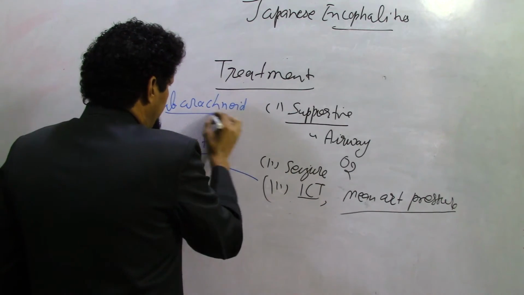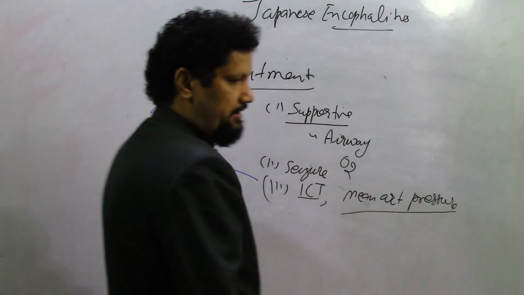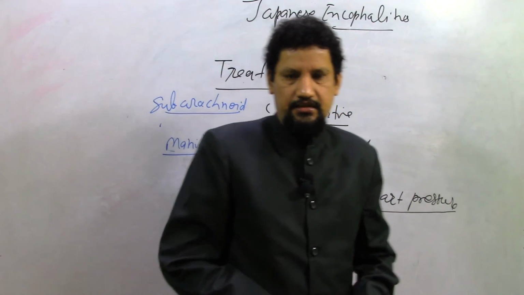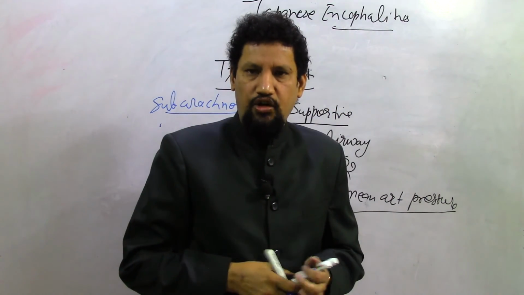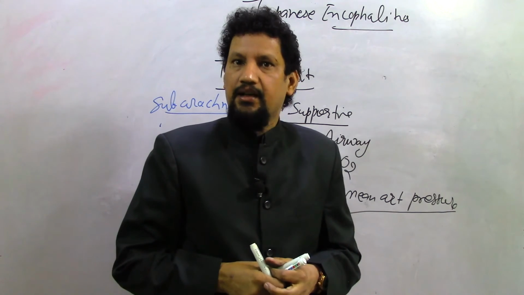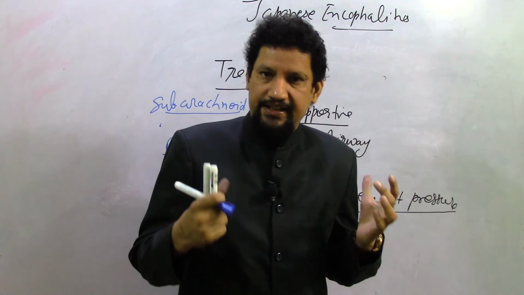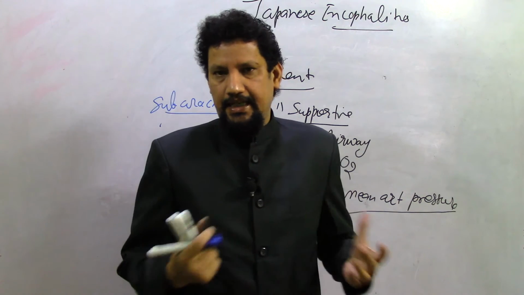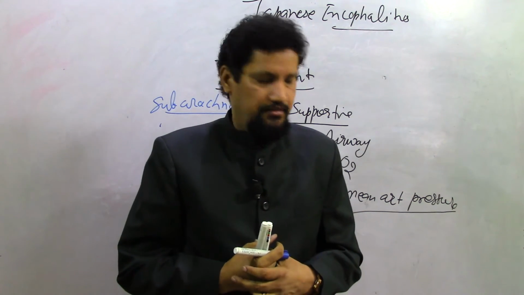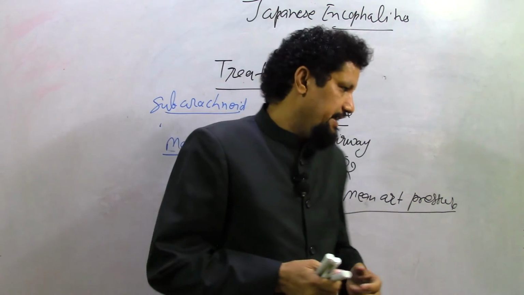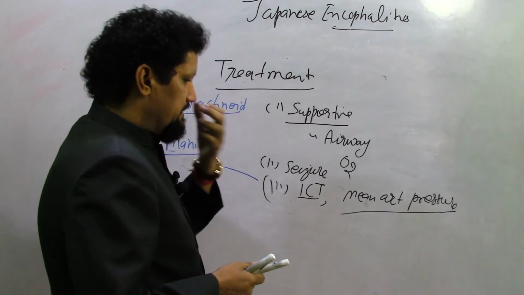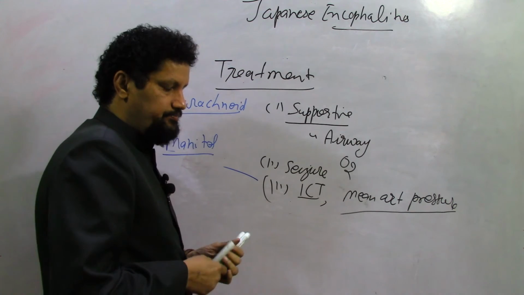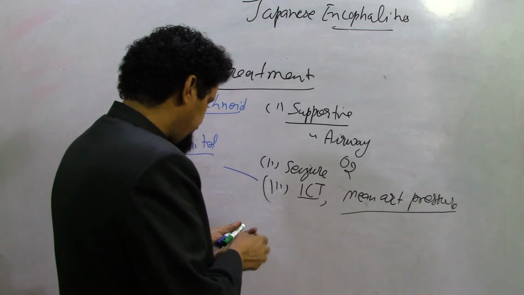The subarachnoid space of the brain is having the major blood vessels of the brain supplying all parts of the brain parenchyma. So maintenance of the pressure inside the subarachnoid space is of great importance in the management of the Japanese encephalitis patients.